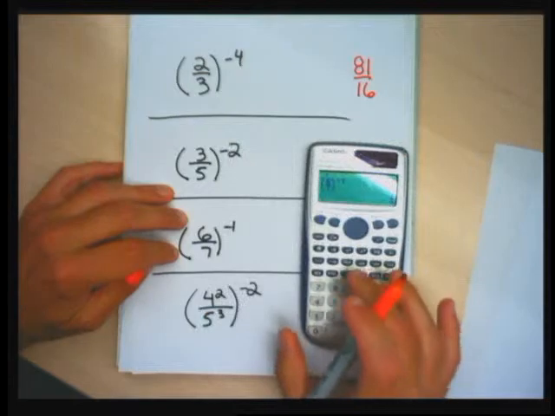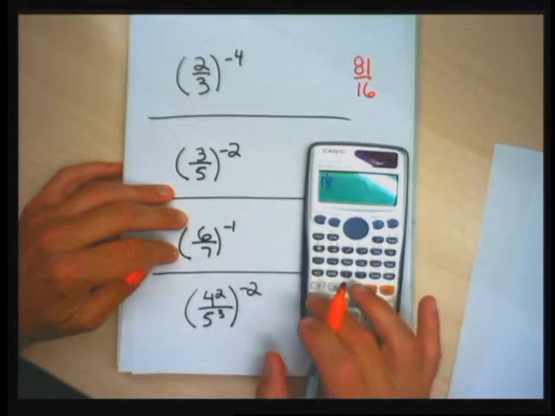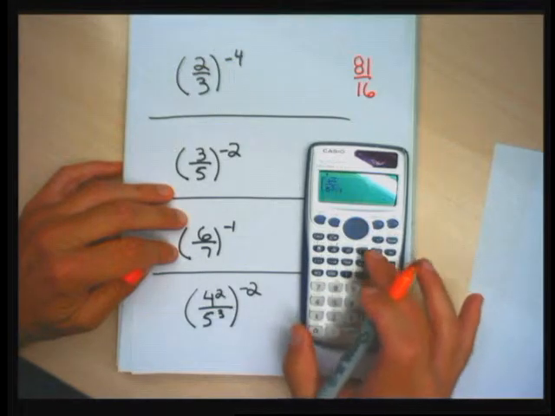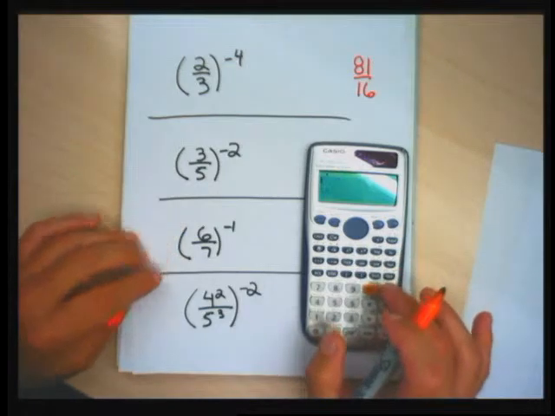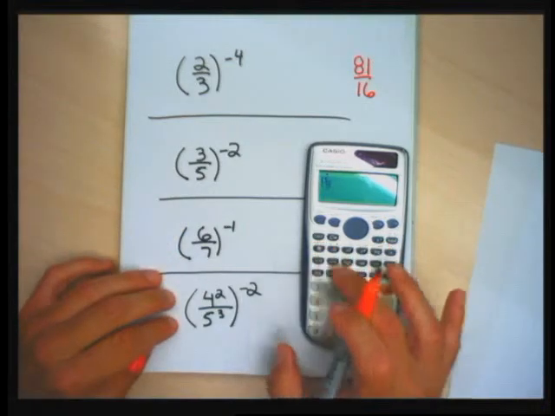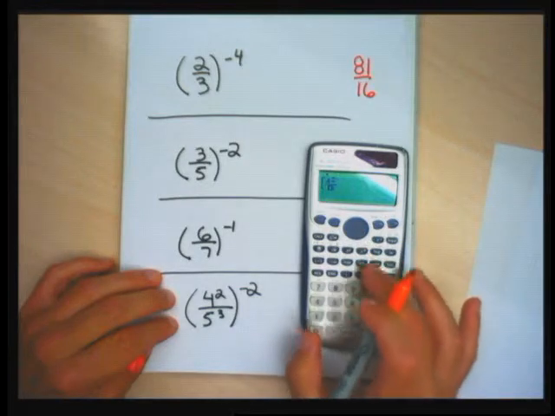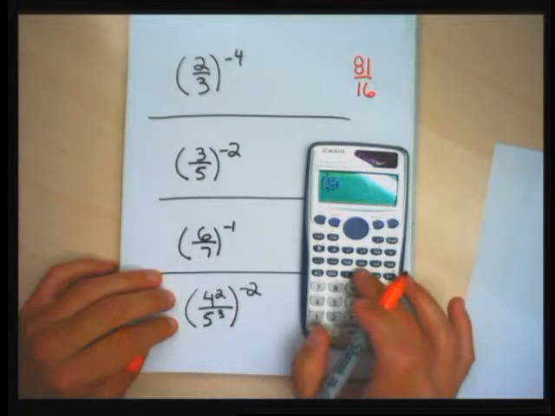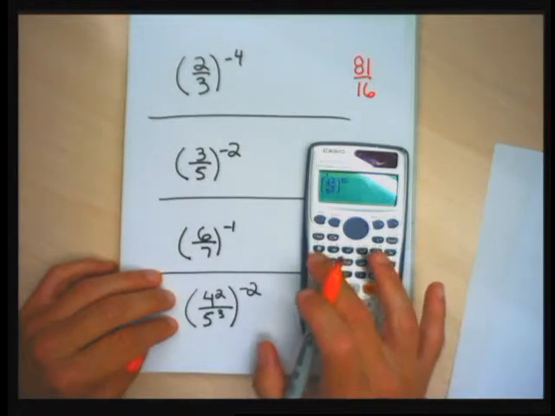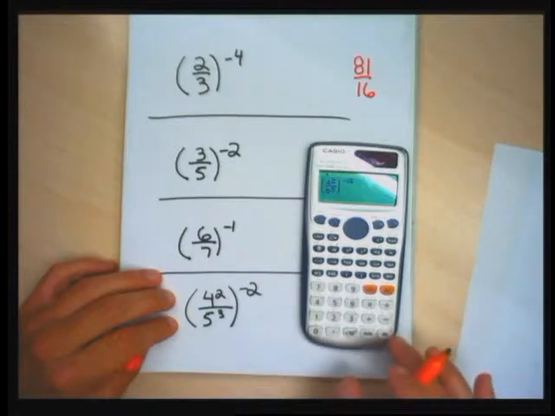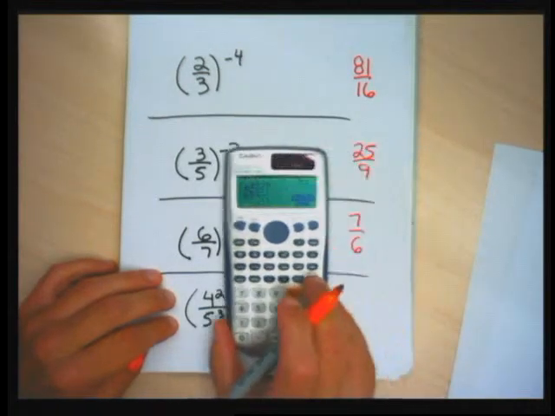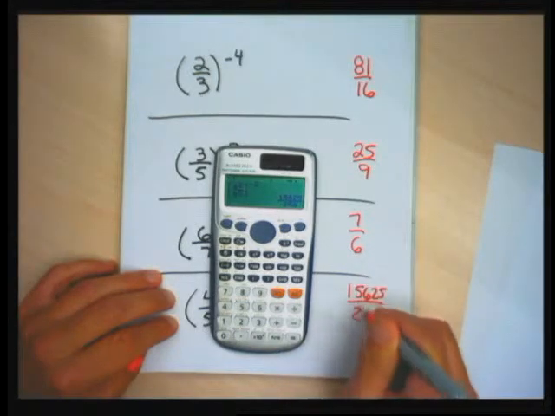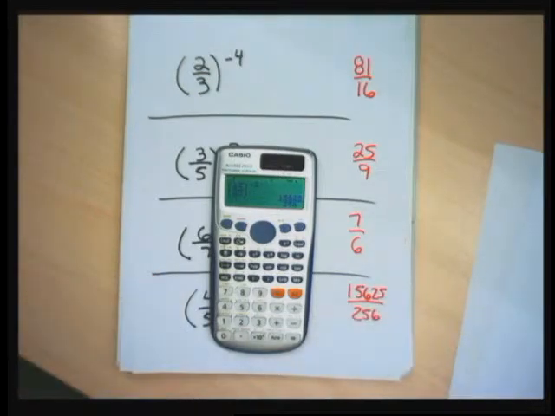And the bottom one, parentheses, fraction, 4 squared over 5 cubed, parentheses, exponent, negative 2, and this one's supposed to equal, oh my gosh, 15,625 over 256. That's really not such a nice number.